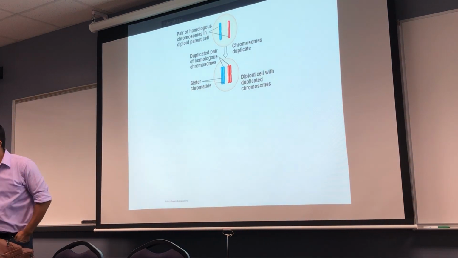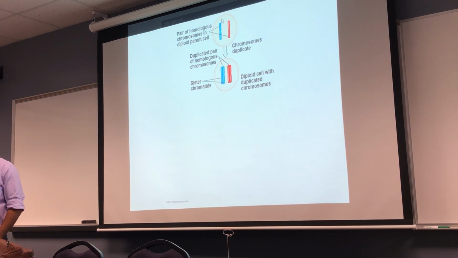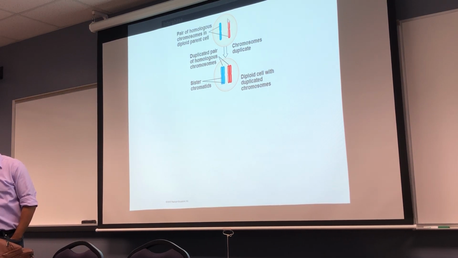So here you have the interphase, right? This is the pair of homologous chromosomes. In a diploid parent cell, you have one chromosome from dad, one chromosome from mom, and then you go to the S phase where you have the DNA replication. So now you see here the sister chromatids, identical, right? These sister chromatids are identical, and these sister chromatids are identical. This is chromosome 1, this is chromosome 1.